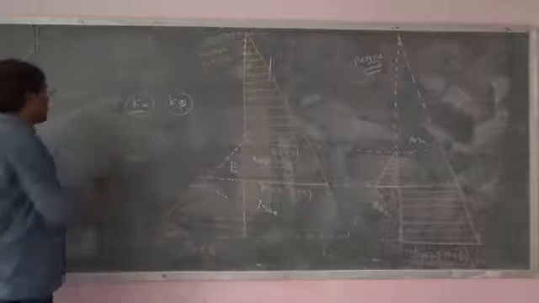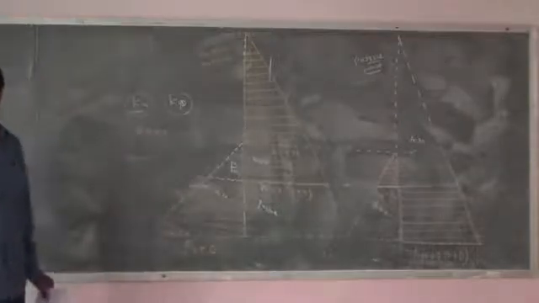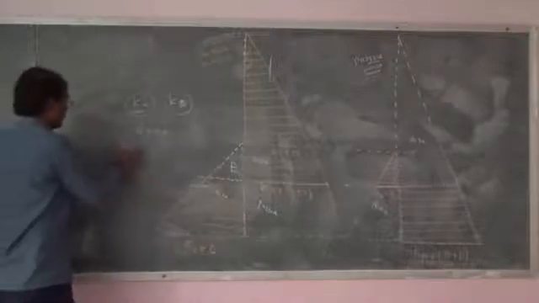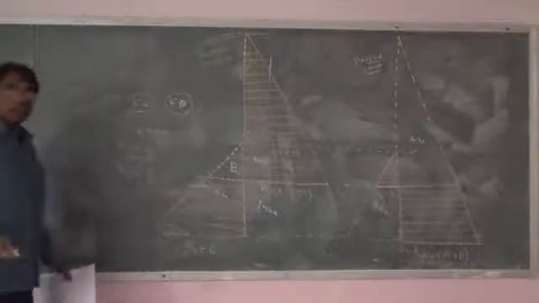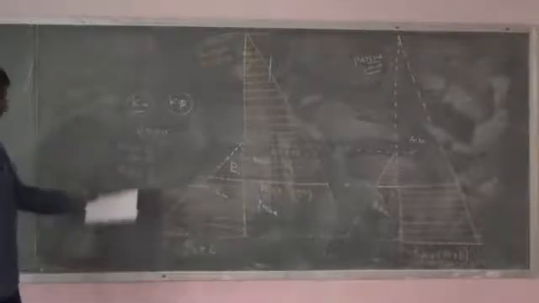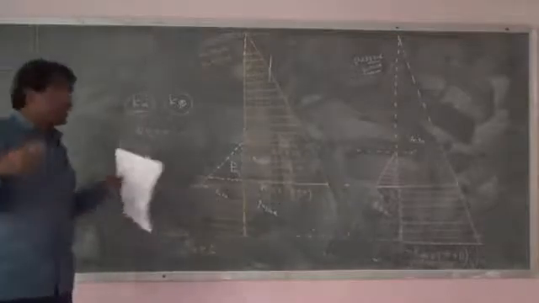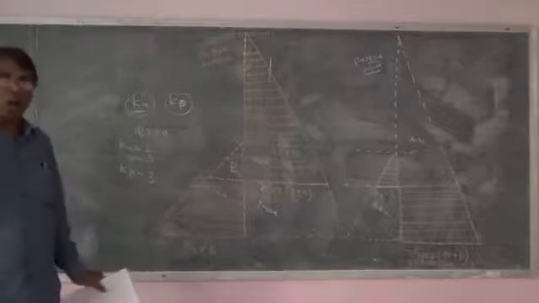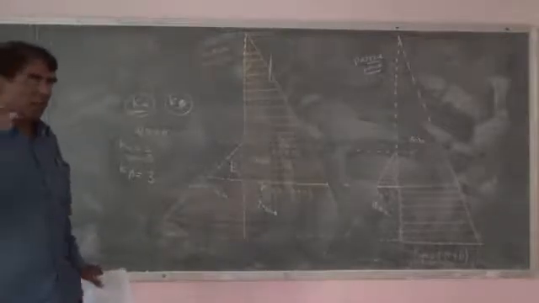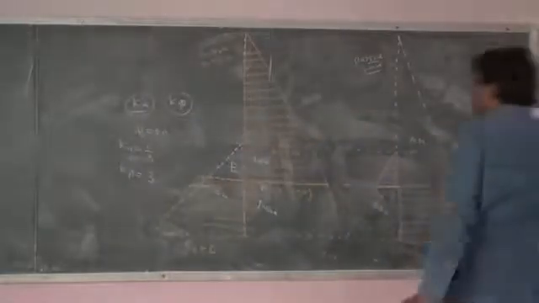Suppose if you take phi equal to 30 degrees, K is equal to 1 minus sin phi divided by 1 plus sin phi, like this. If you do Ka, you will get 1 by 3, whereas Kp you are going to get 3. 1 by 3 means 0.33, and this is 3, means near about 10 times. Kp is nearly 10 times more than Ka. So what is my intention here to tell you is that always Kp is far greater than Ka.